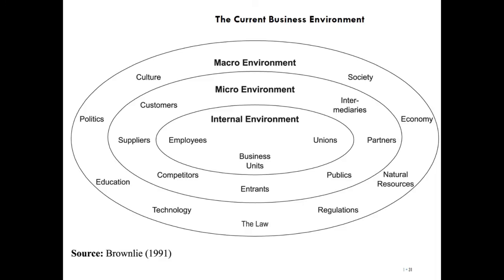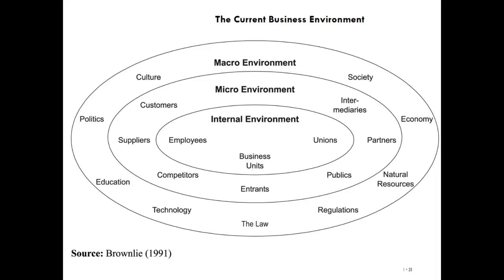However, there's also the micro environment. In this sphere, you have the suppliers and the consumers, and it is a very important level, but we don't feel so directly impacted by it. And then at the furthest level out, you have the macro environment.